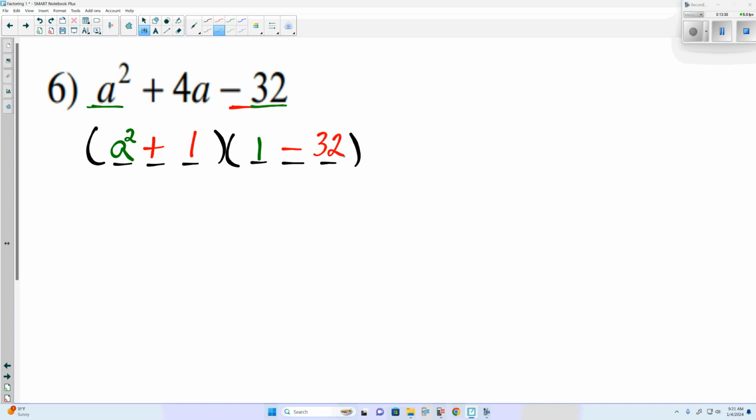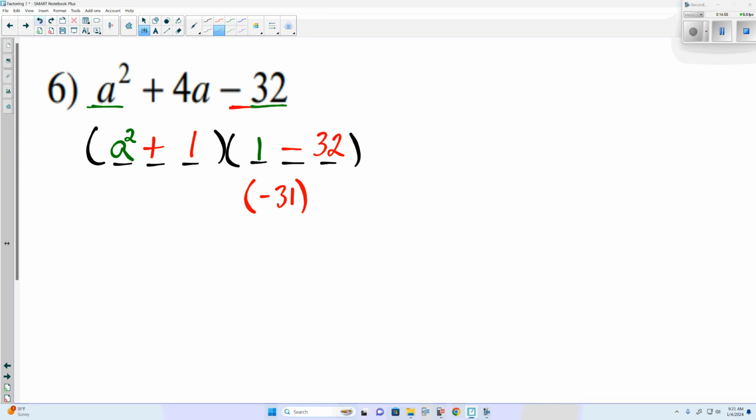But in that second set of parentheses, the 1 and the minus 32 would combine. So negative 31 times a squared plus 1, and if we multiply this out, a squared times negative 31 is negative 31a squared. Is that what we had to start with? No. So without doing the rest of it, it doesn't work out.